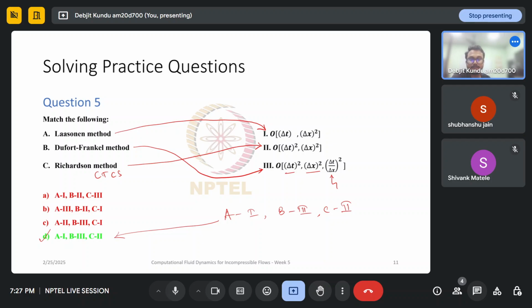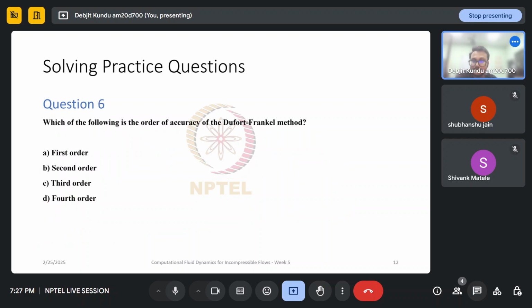Okay. Any questions on this? So if not, let's keep rolling. We'll move on to question number 6 now. It is asking which of the following is the order of accuracy of the Dufort-Frankel method? Now this should be easy. We just saw it.